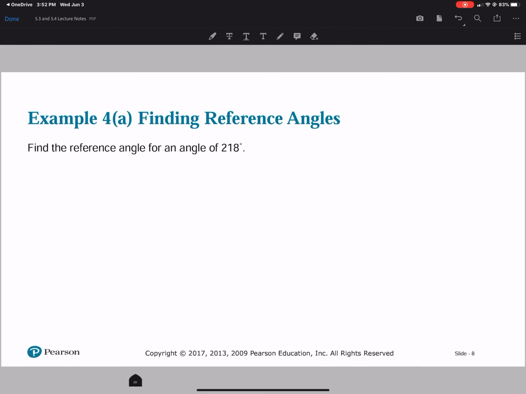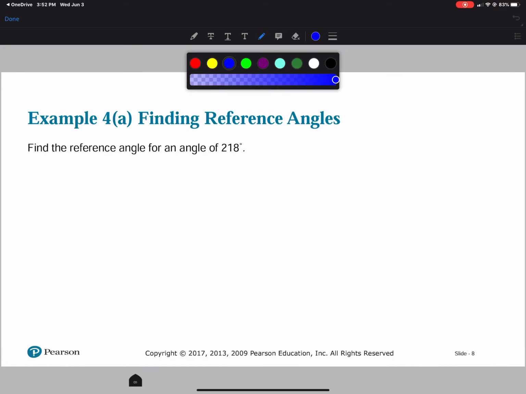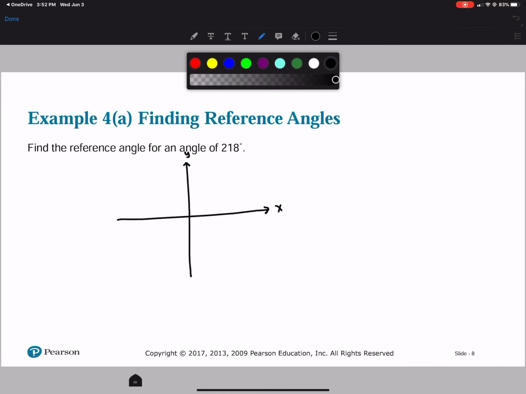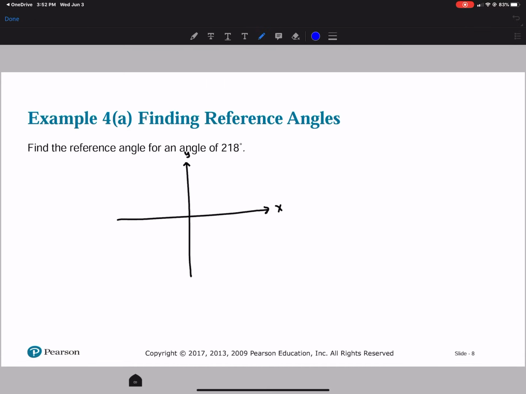So let's look at one. It says the reference angle for angle 218. So let's look and see where it's actually at. This is your y, this is your x. Coming from, I know that when I get to this line, I'm at 90, 180.